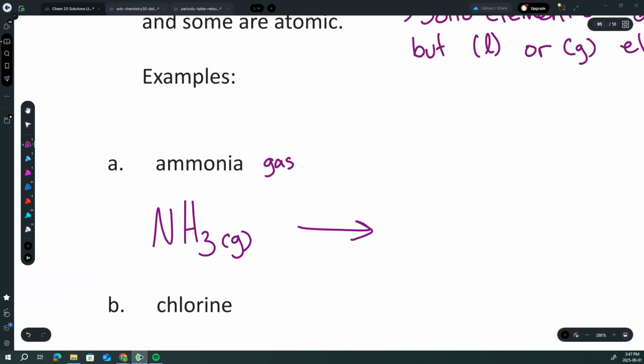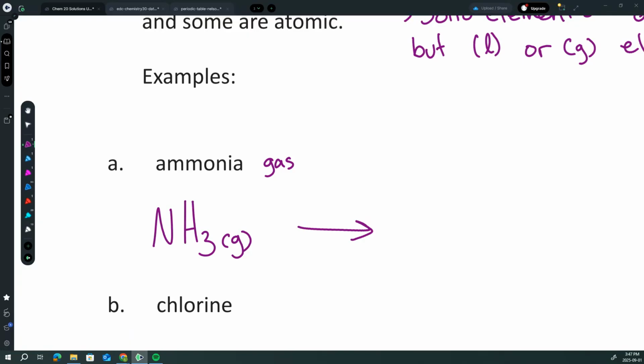So ammonia is a molecular compound. Because it does not begin with H or C or end in COOH, we know it's not an acid. So it's a molecular compound, it's not an acid.